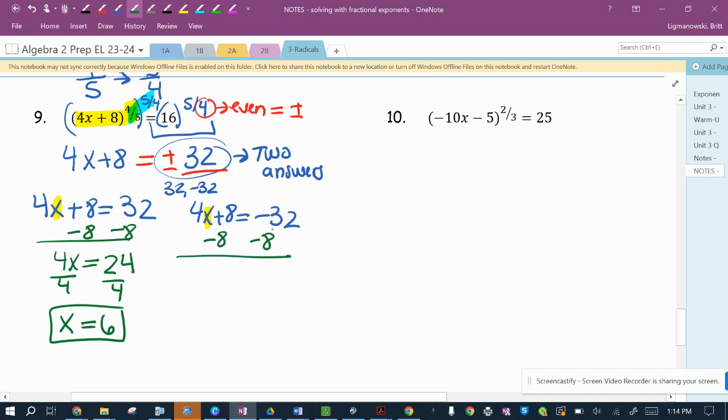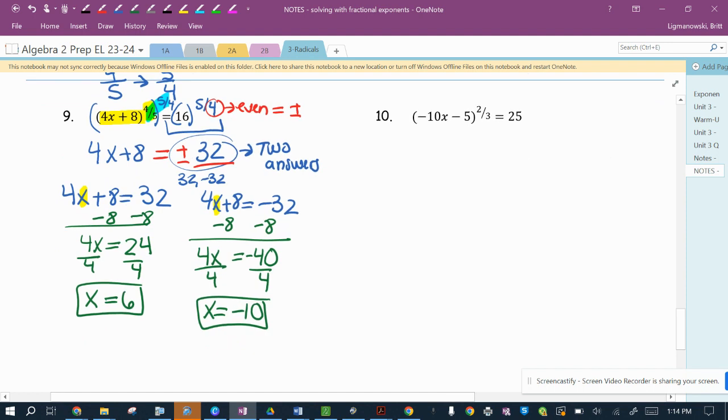Then menos 8, negative 40, divide by 4, negativo 10. And then remember, especially when we get two answers, we need to make sure that we are checking that they both work.